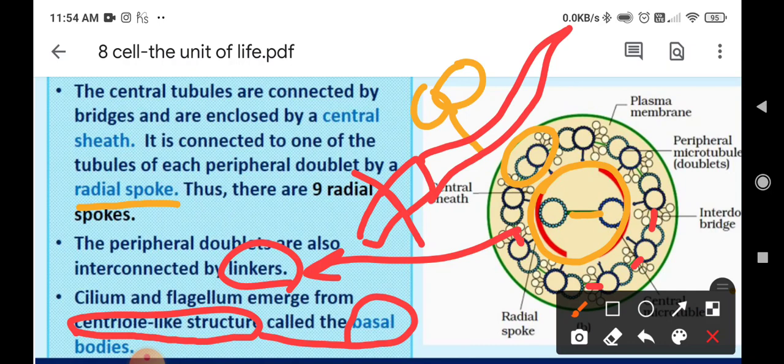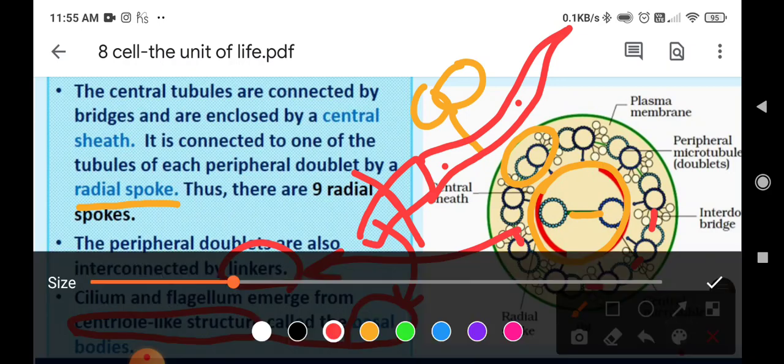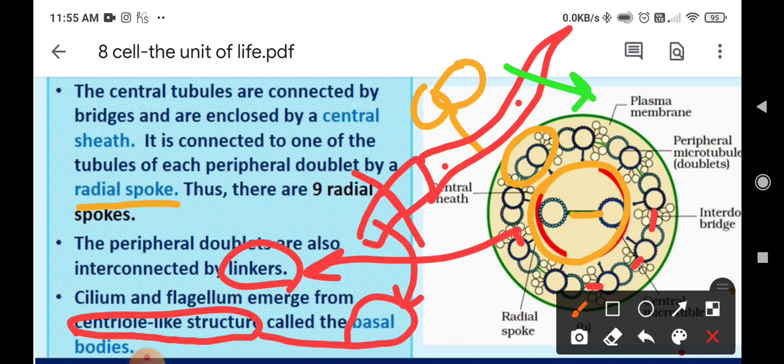These are the different structures of cilium or flagellum. If we take a transverse section of this, we will find a structure like this.